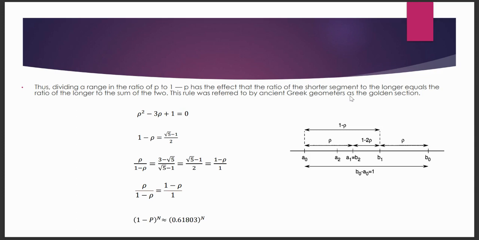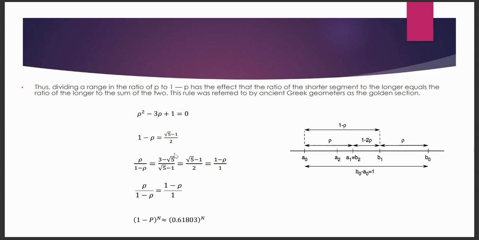Using this golden section rule means that at every stage of the uncertainty range reduction, the objective function f needs to be evaluated at only one new point. So the uncertainty range is reduced by the ratio of 1 minus p, that is approximately 0.61803.